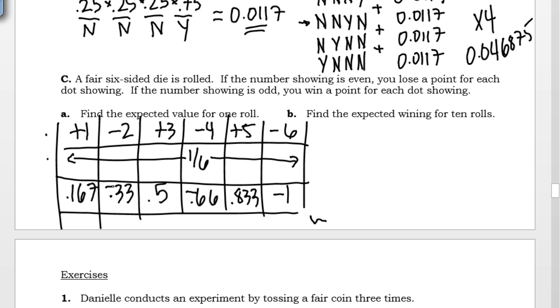And then for my final answer for my expected value, I need to add the bottom row of my table.